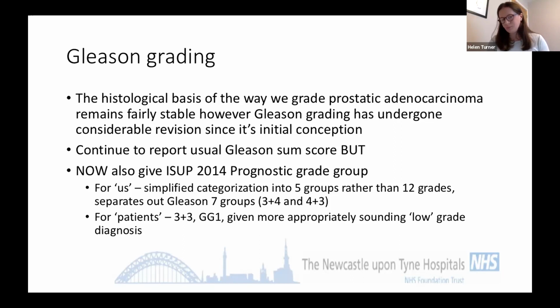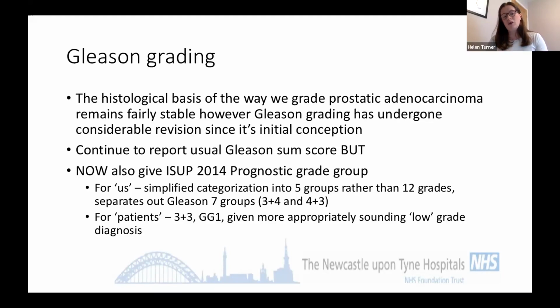And then perhaps more importantly than that, what it does is it separates out the Gleason 7 groups into 3+4 and 4+3, which could potentially be cancers that, although they are both scored 7, might behave incredibly differently.